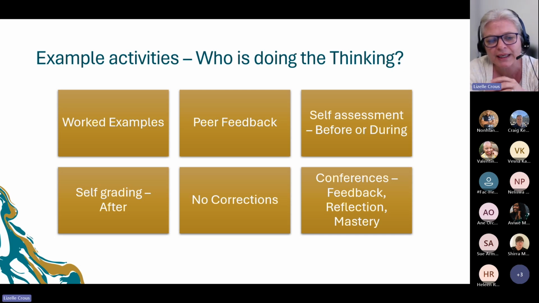Another strategy or example of an activity is that you are not giving the corrections. You might indicate that this is wrong, or that you don't think it's relevant, that there's maybe a misconception. So you can highlight the misconceptions, but you are not telling them if it's right or wrong.